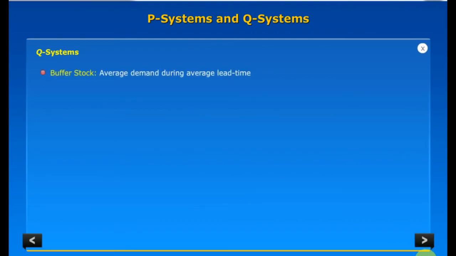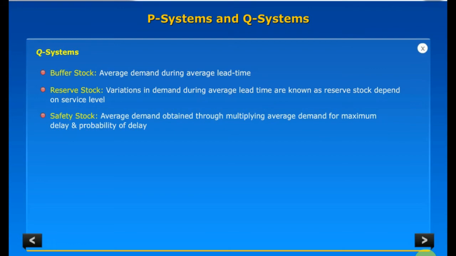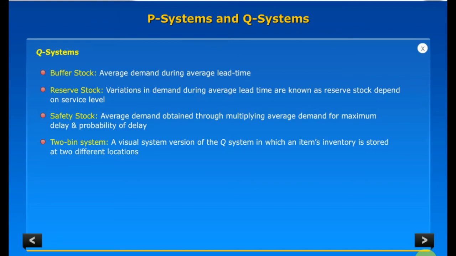Buffer stock: average demand during average lead time. Reserve stock: variations in demand during average lead time are known as reserve stock, depending on service level. Safety stock: average demand obtained through multiplying average demand for maximum delay and probability of delay.